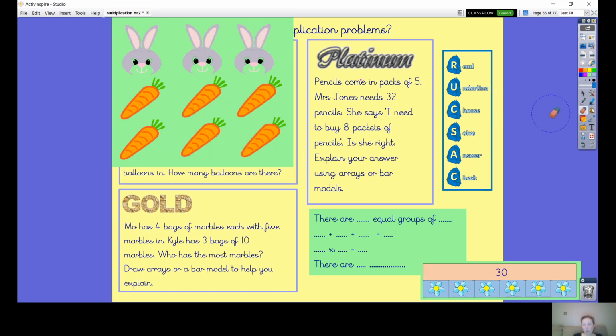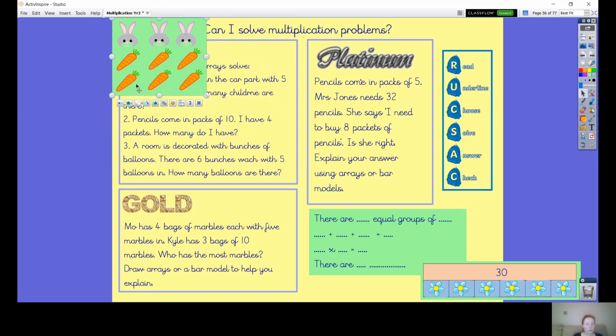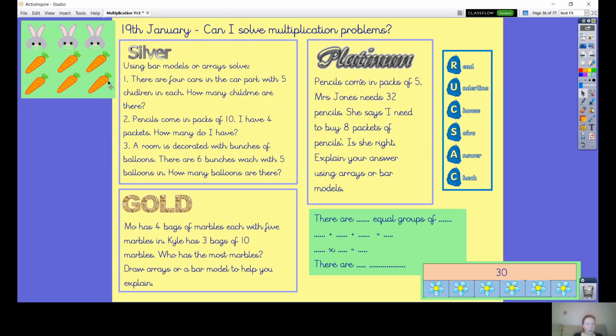Oh, jumping onto tomorrow's. So I'll pop, here we go, let's get the pencil. I got distracted there. So, put that one here. Here we go, let's start again. Use a bar model, example here, or arrays, example here. We've got 3 questions you need to solve.